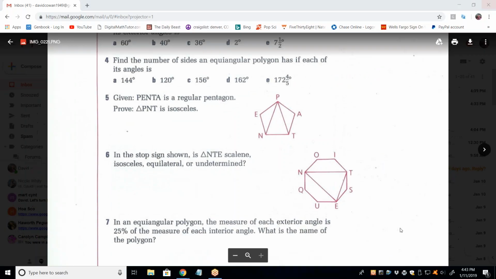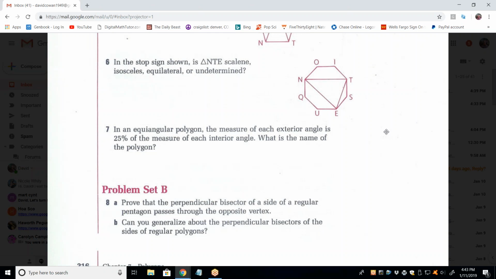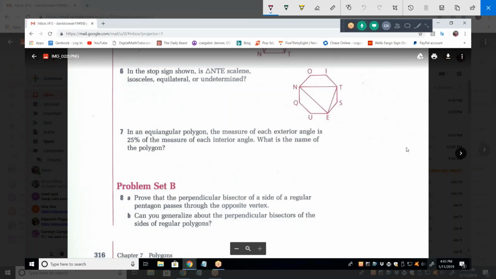Whoops, hold on. Aha! A stop sign problem. Is it scalene, meaning 3 different sides, 3 different angles? Isosceles, equilateral, or undetermined?